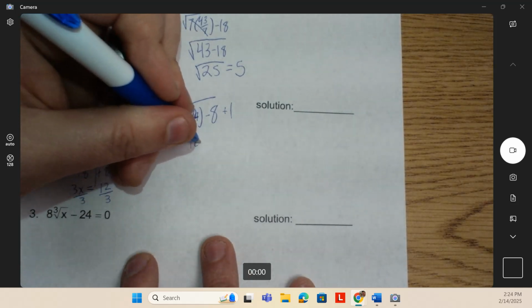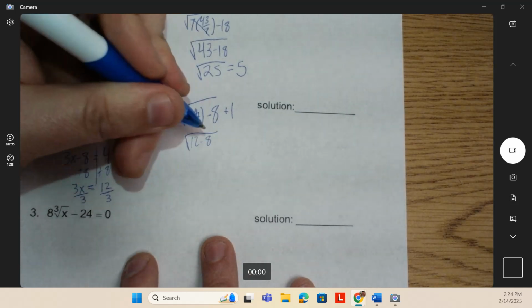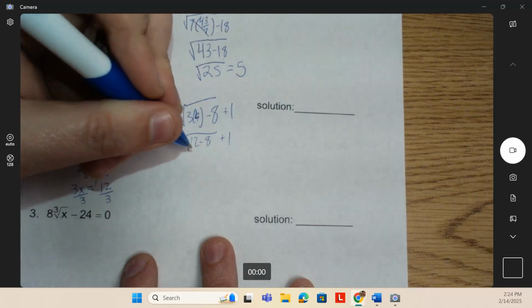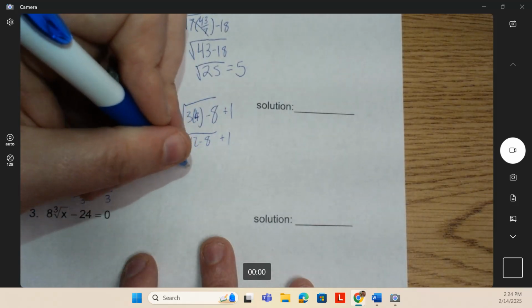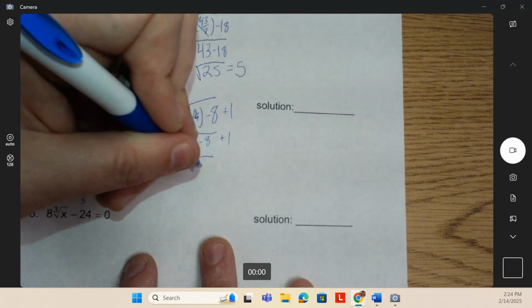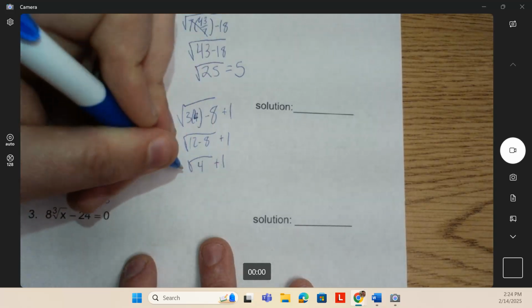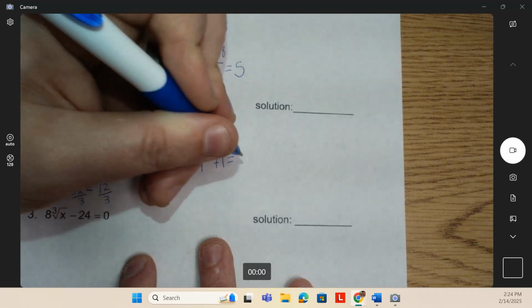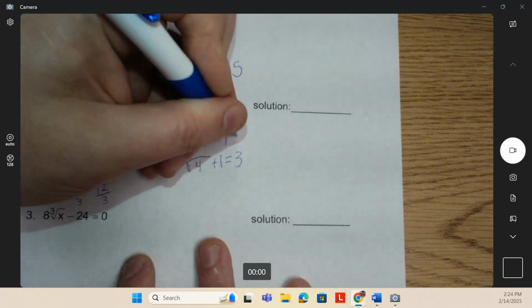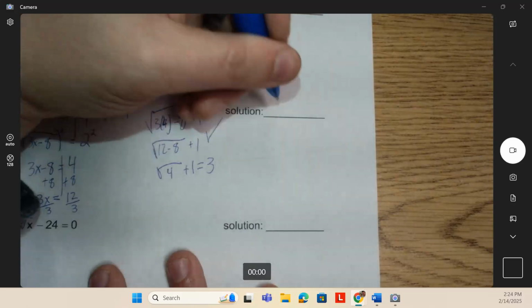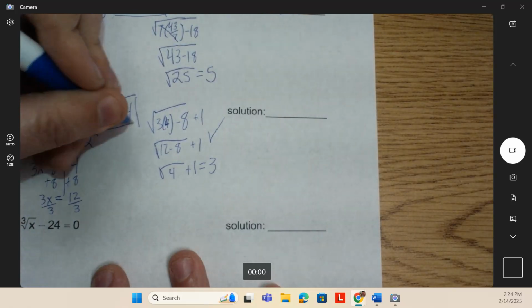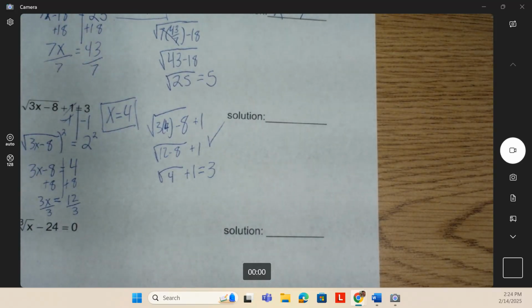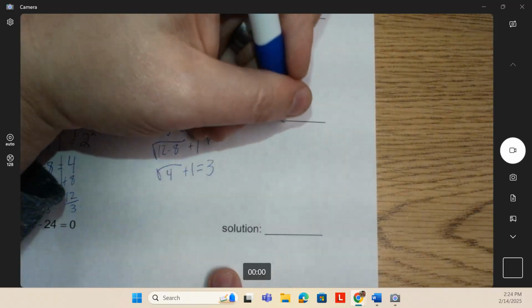That gives me 12 minus 8 to get the square root of 4, which is 2. So the square root of 4 is 2, plus 1 does equal 3. That checks out. So then my answer is going to be here with x equals 4.